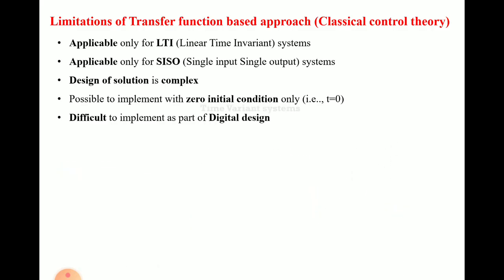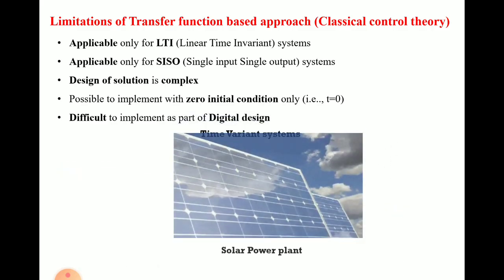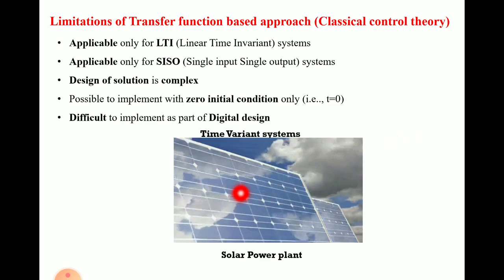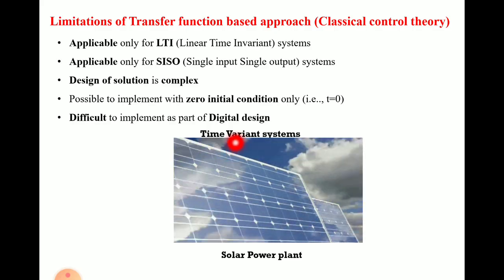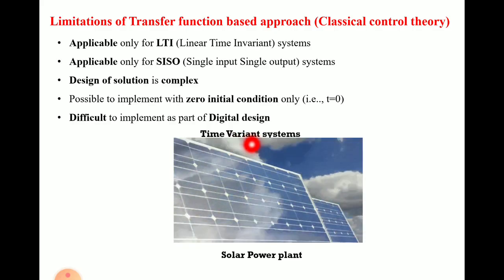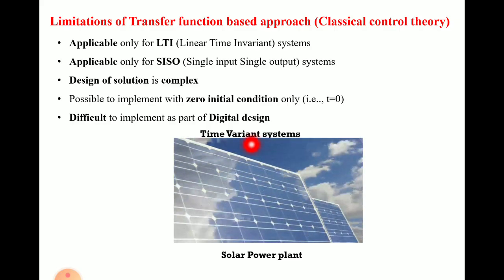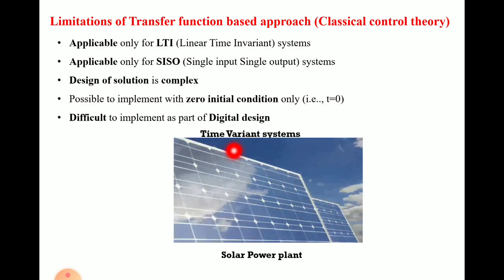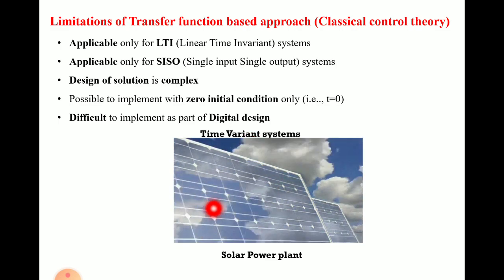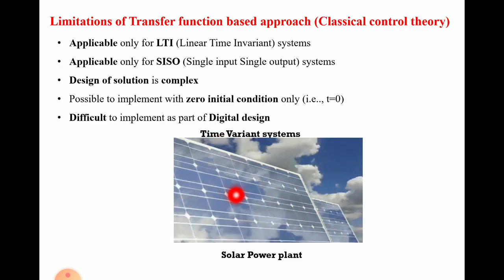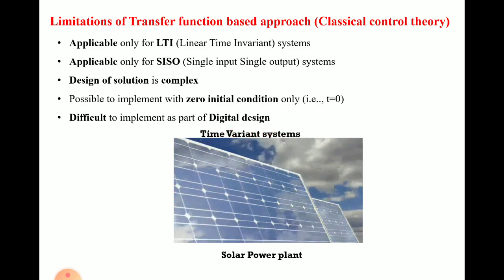Now let us take one more example, a solar power plant. Do you think in a solar power plant the output will not vary with time? It will vary with time, right? Because during the morning we may get more power. As the intensity of sunlight decreases, the power produced will also decrease. That is, the output from a solar power plant will vary with respect to time. So this is a classical example of a time variant system.